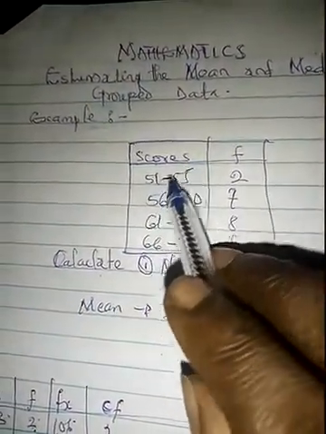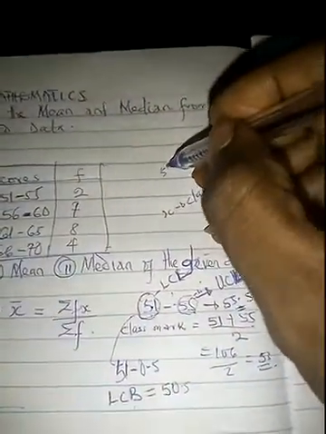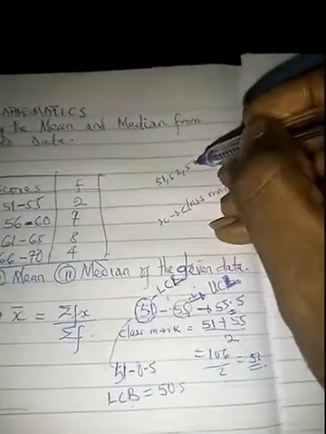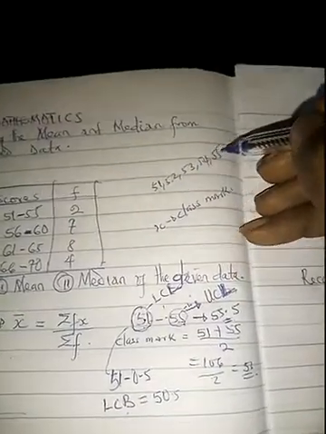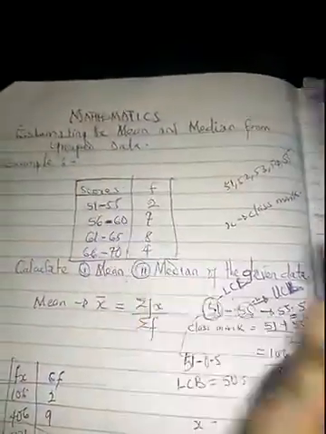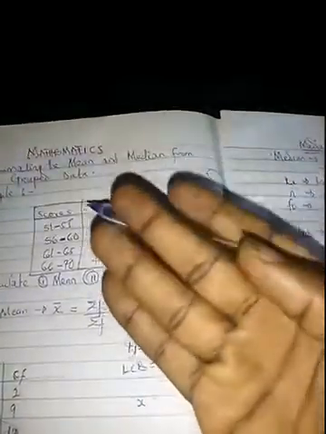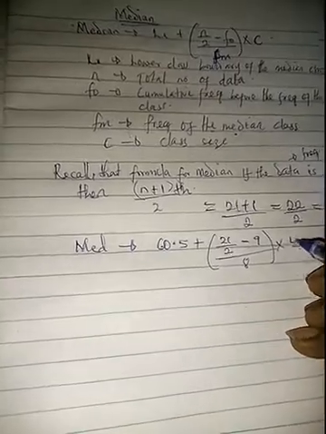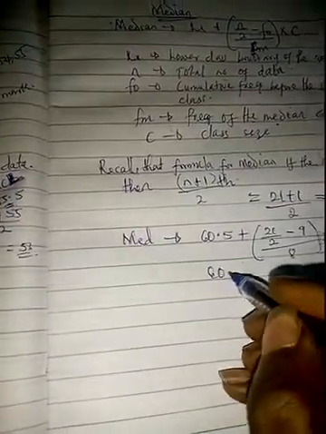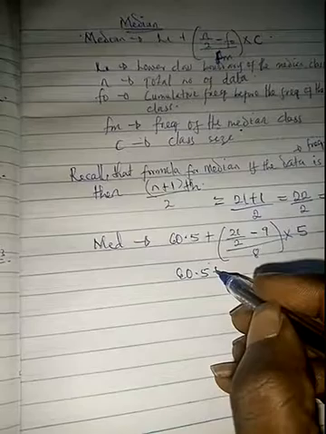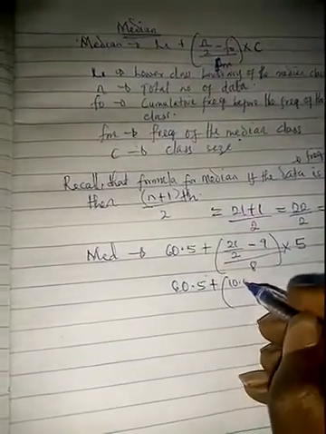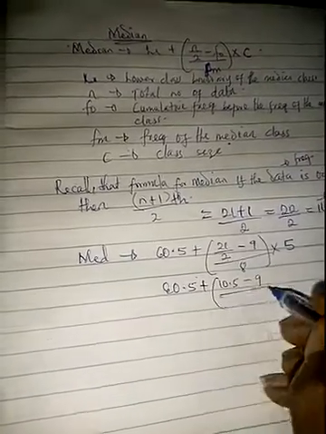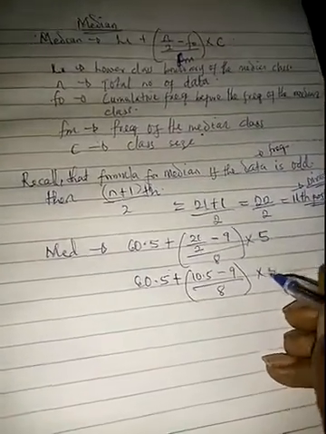So if I want to write the class size for 51 to 55, I just say 51, 52, 53, 54, 55. Count 1, 2, 3, 4, 5. Same thing 56, 57, 58, 59, 60. So the class size here is 5. So we have 60.5, then plus 21 divided by 2, that will give us 10.5, minus 9, over 8, times 5.